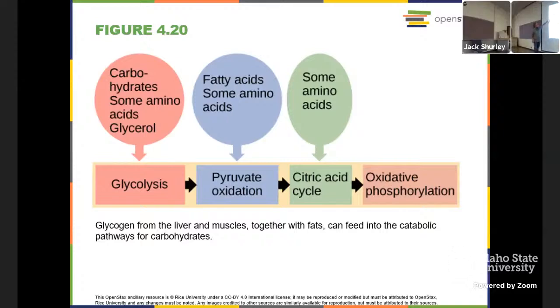The glycerol bit of it can all be brought into glycolysis, and we can manipulate those carbons that way. Fatty acids and some amino acids can move into the pyruvate oxidation step, right before we're pulling it into the mitochondria. And then some other amino acids might shuttle into the citric acid cycle.